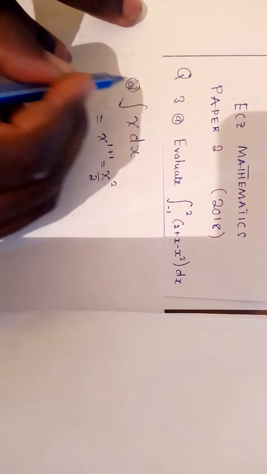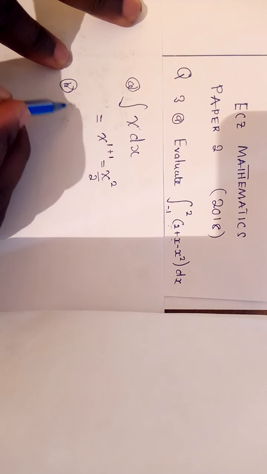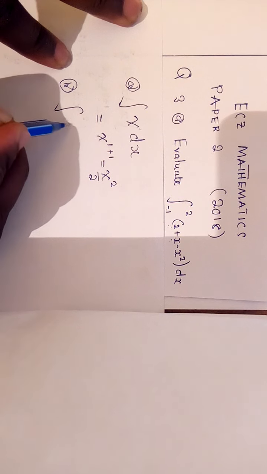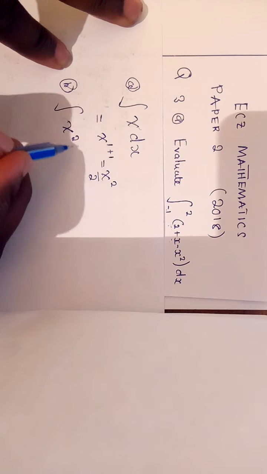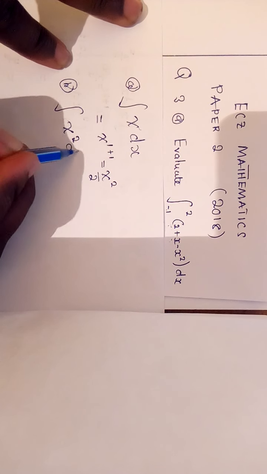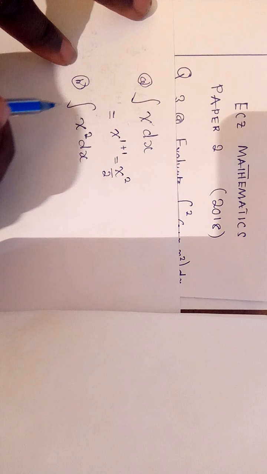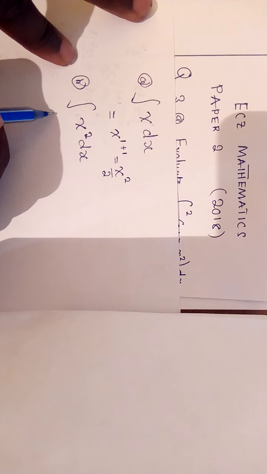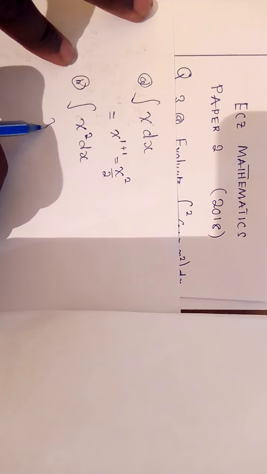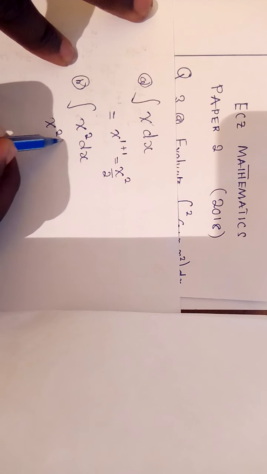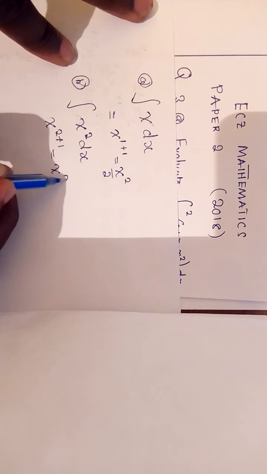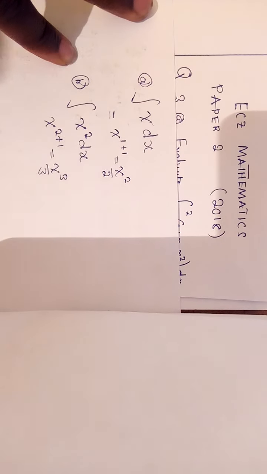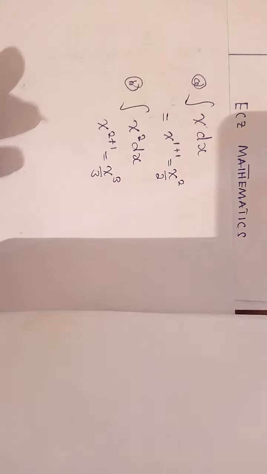This was our example A, this is our example B. If they say integrate x power 2, how will it look? You do almost the same thing. You say x, get that power, add 1 to the power, it will give you x to the power 3, and divide by that new power. Hope it's making sense.